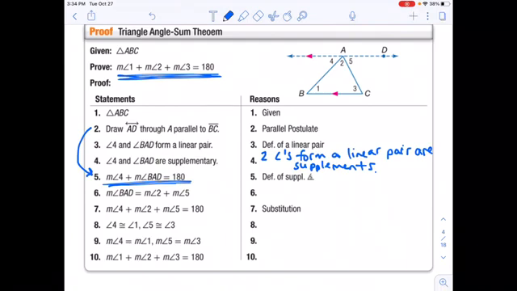Then, if you look at angle BAD, it is actually made up of 2 smaller angles, angle 2 and angle 5. That means that by the angle addition postulate, we can add them.